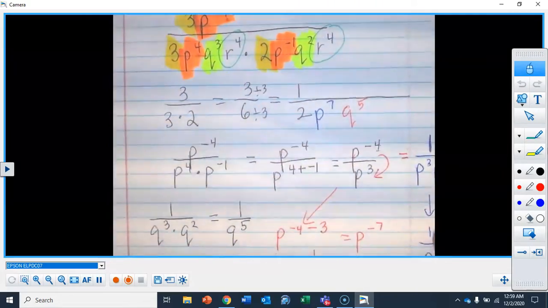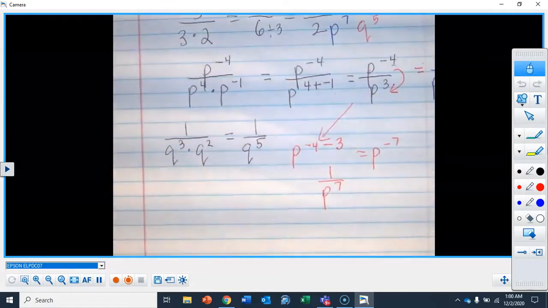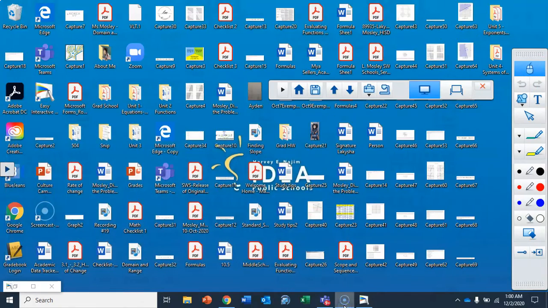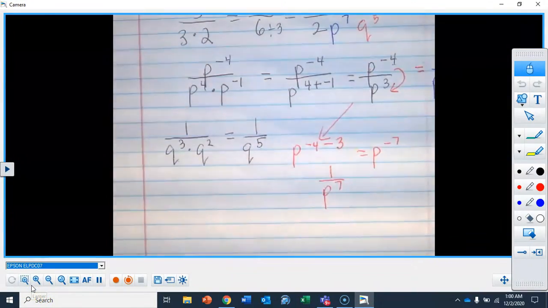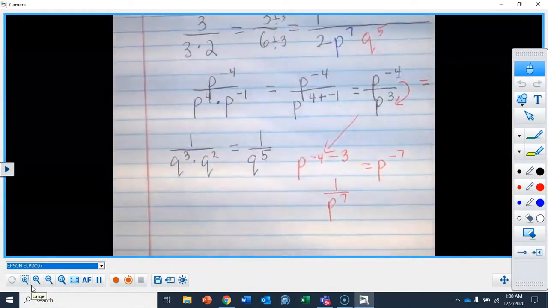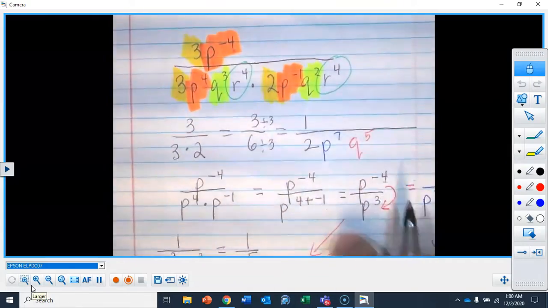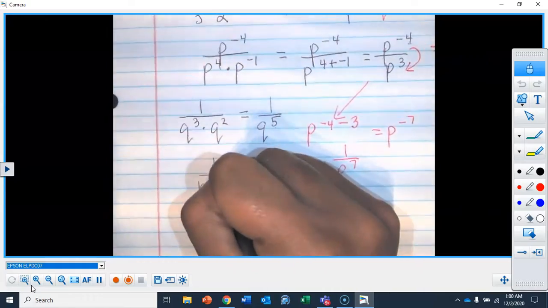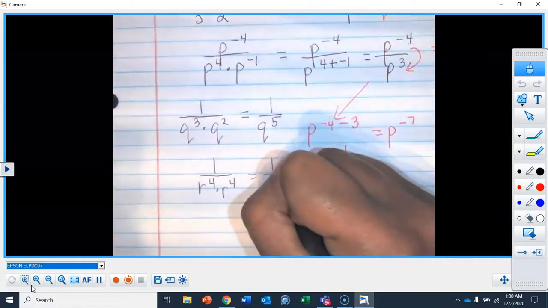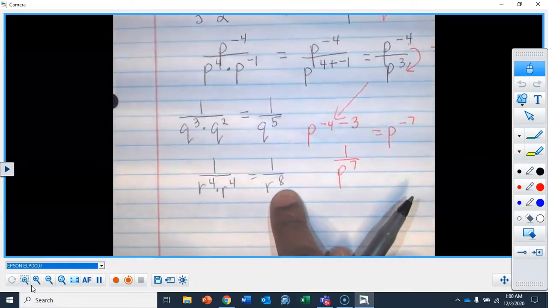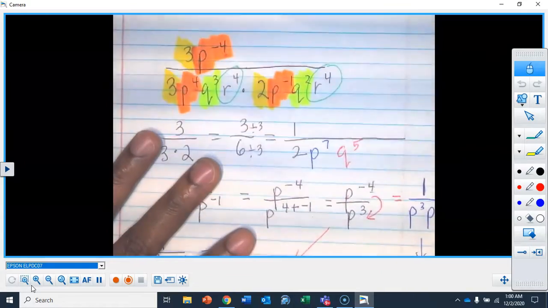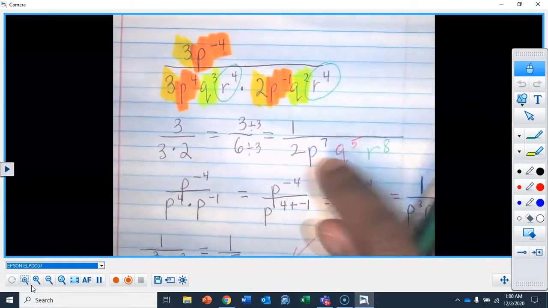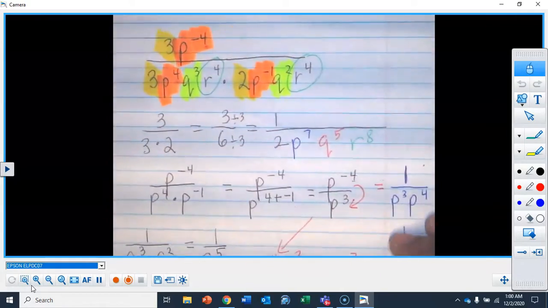So when I get ready to group this together, it's going to be 1 over R to the 4 and R to the 4 at the bottom. And you're going to add times R to the 4 is 1 over R to the 8th, because I did 4 plus 4 is 8. So again, the R is in the denominator. So it's just going to be a fun problem because everybody's in the denominator, but you still had that 1 there from reducing. So this is the final answer.